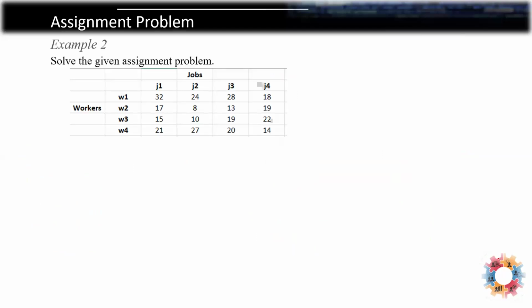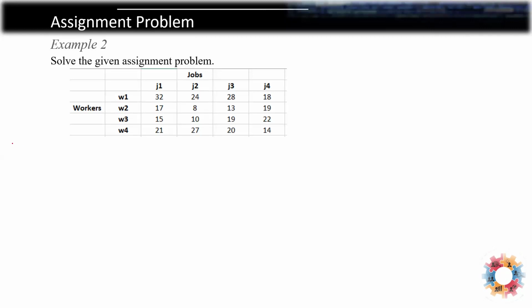So let's try this example. Here we have a 4x4 matrix. Again, this is a balanced problem. If you encounter a non-balanced problem, just add a dummy row or a dummy column, and then assign 0 to the cells caused by adding those rows or columns, right?